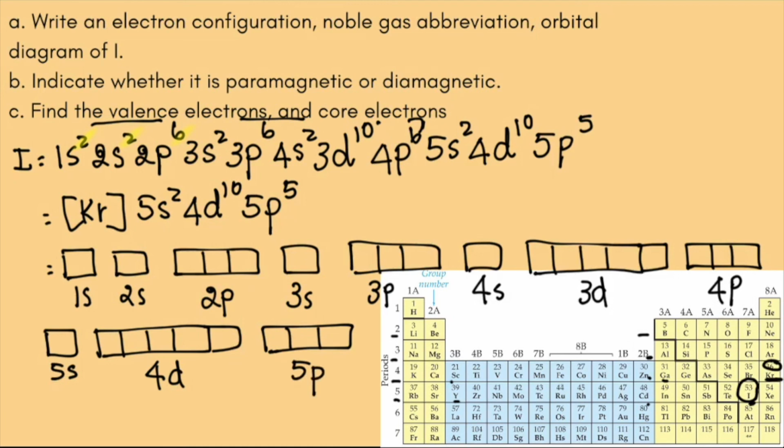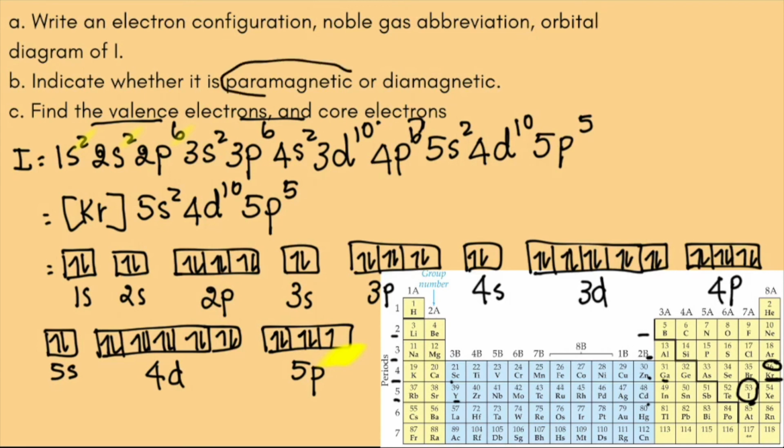Now we start filling them, singly and parallel first, then pairing up. Is this paramagnetic or diamagnetic? Since we have one unpaired electron, it's going to be paramagnetic.